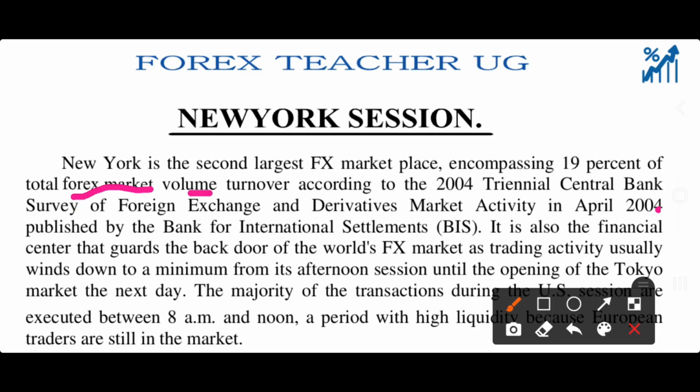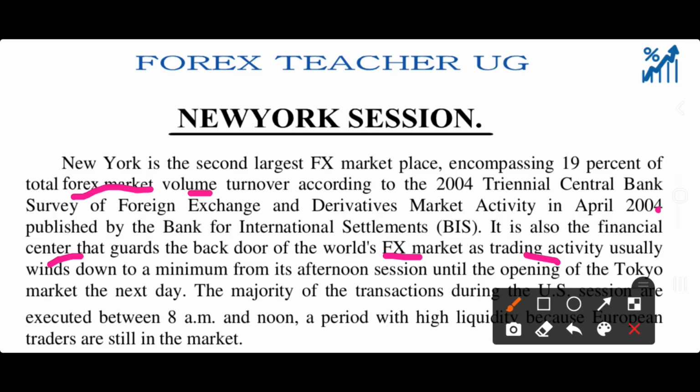It is also the financial center that guards the back door of the world's forex markets, as trading activity usually winds down to a minimum from its afternoon session until the opening of the Tokyo market the next day.